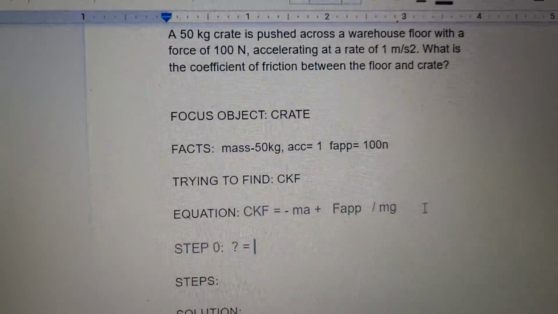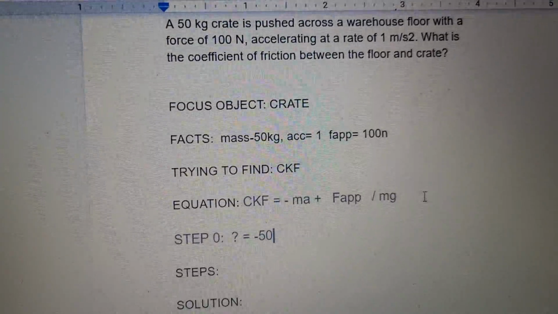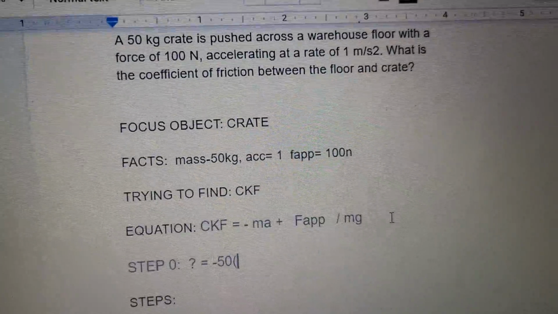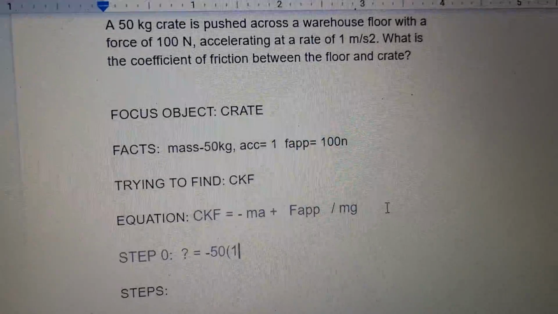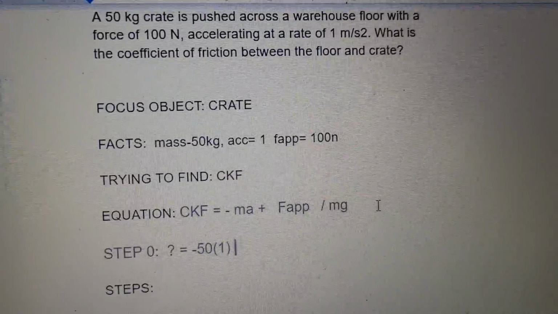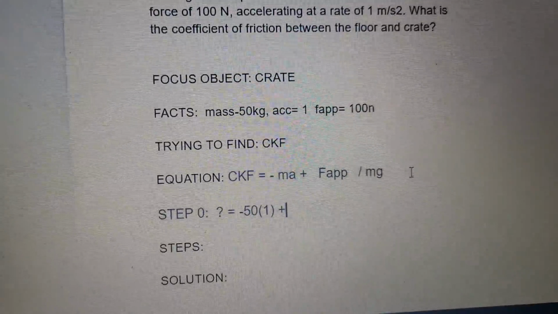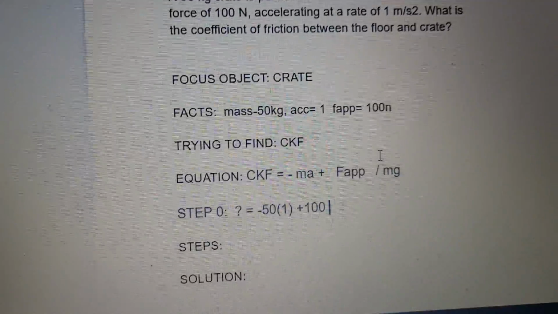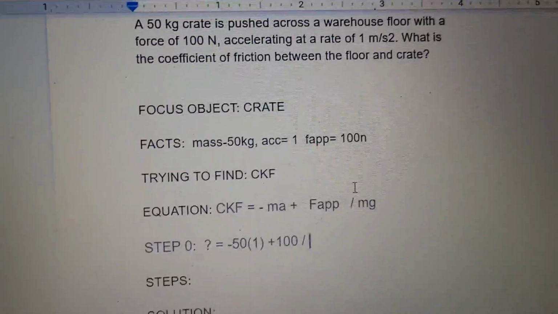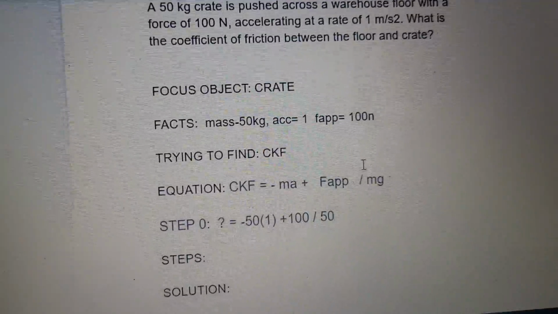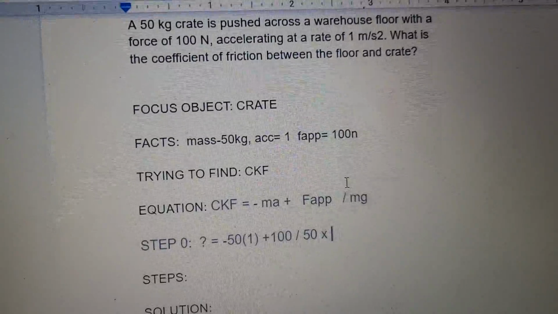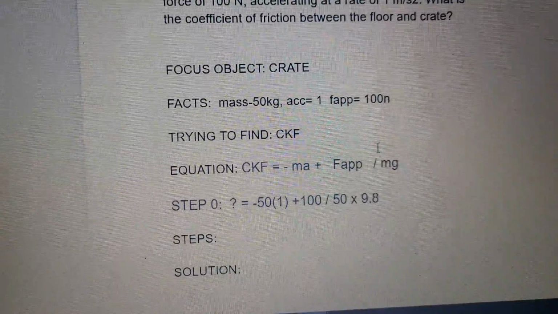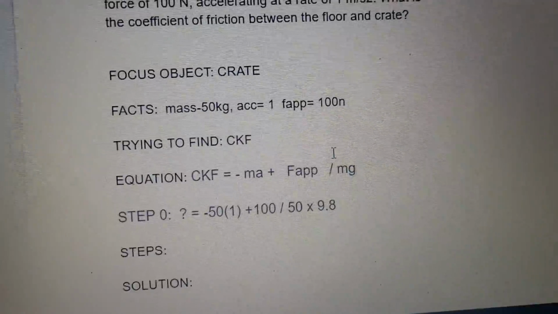The mass is 50, so I'm going to put negative 50, and acceleration is 1, so I'm going to put 1. Then it's being added to the force applied, which is 100. And I'm dividing that by mass, which is 50, times 9.8, which is gravity. So this is what you should have at this moment.